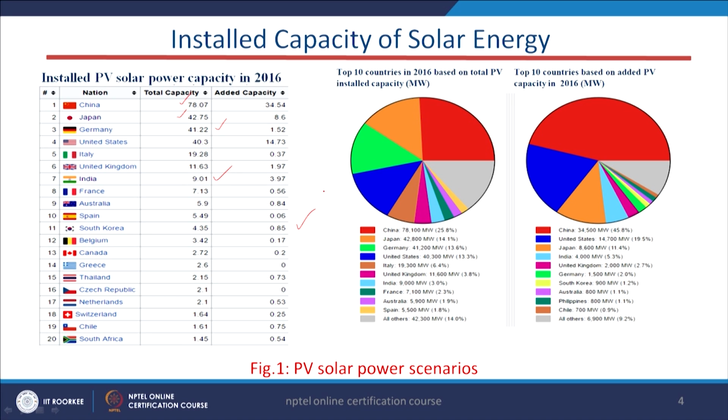And this is the pie chart, and here is India's status. Here it is 3% of the total global capacity. It indicates that we need more effort to install solar energy as far as our country is concerned. And one more important point I want to inform you of is that we have that facility throughout India.